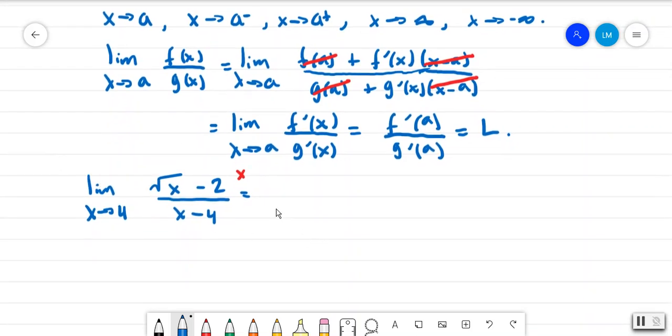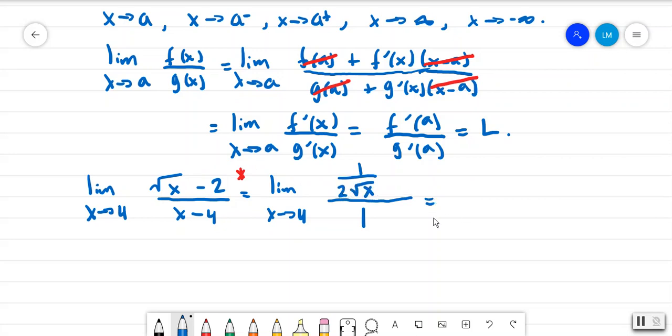I usually indicate that I take the derivative by putting a little star, and that way we know that we applied L'Hopital's rule. So we have the limit as x approaches 4. Here you take the derivative of x minus 4, which is just 1, and the derivative of root x minus 2, which is 1 divided by 2 root x.